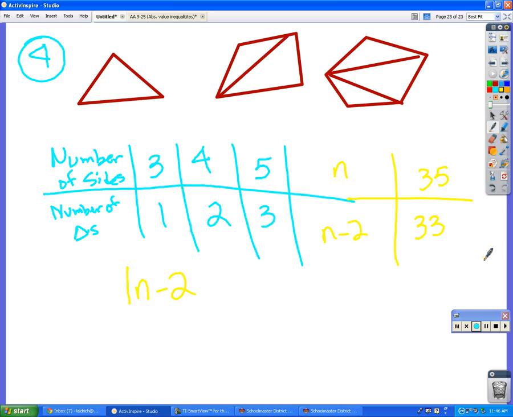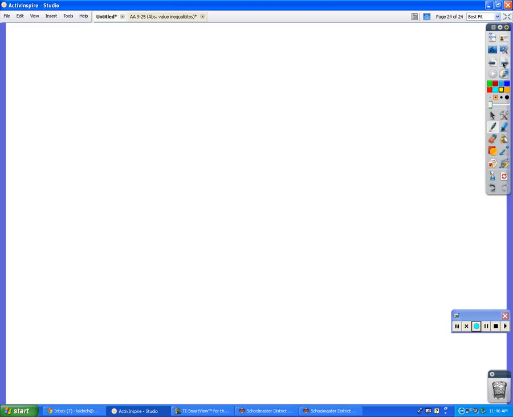Number 7. All right, number 7. Yeah, that's a good one. So I'm not going to draw out the shapes. You have it in your book. So we have some figures drawn, and they're using matchsticks.